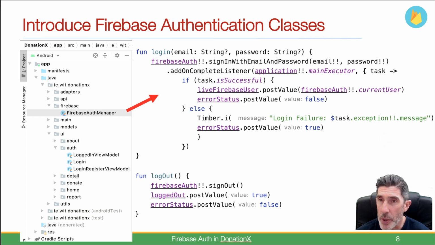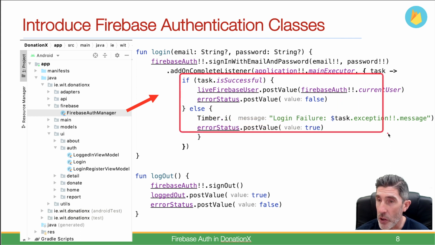I think we looked at our login. There's our login. So again, signInWithEmailAndPassword. It's the same method that we would have covered in the material, and the same one you'll come across in the developer docs if you want to have a look at them. If the login is successful, so this is you going through the initial login screen, the login UI, and we'll look at that in a minute as well.